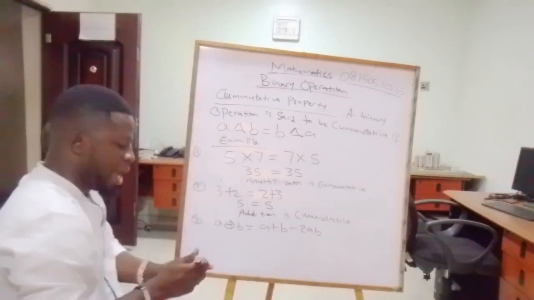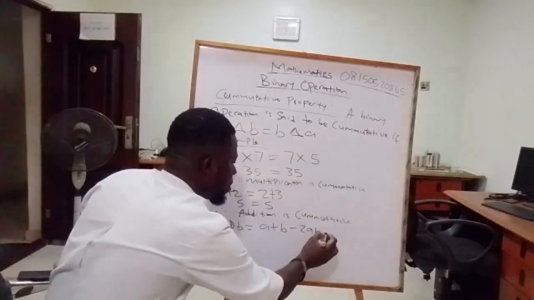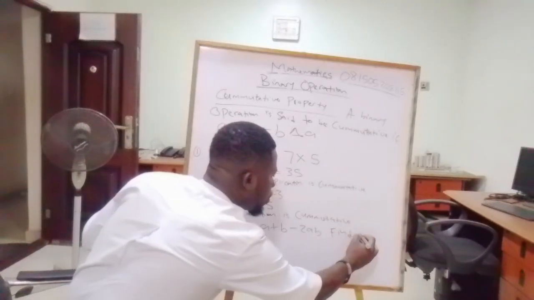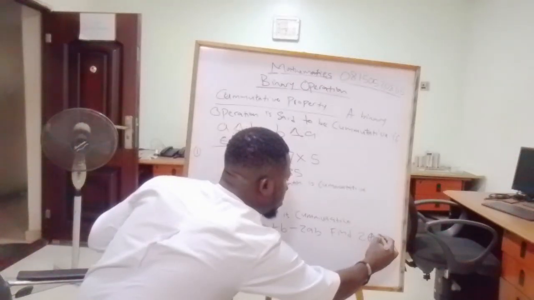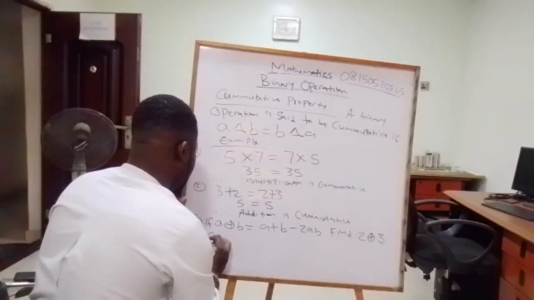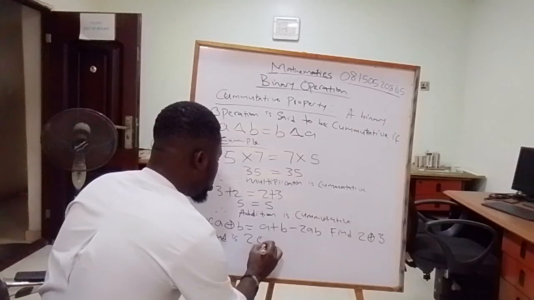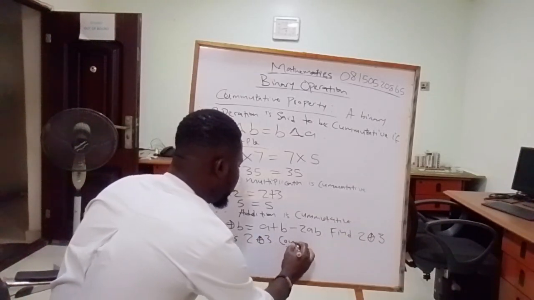It now asks you to find 2 operation 3 and 3 operation 2, and check if it is commutative.